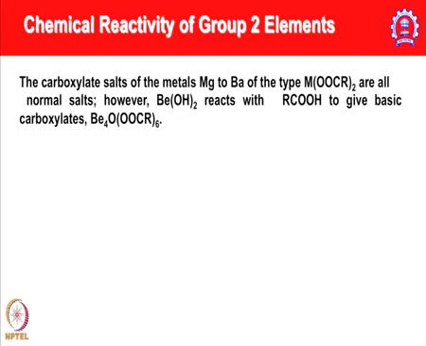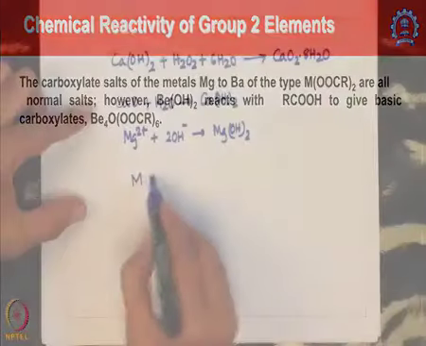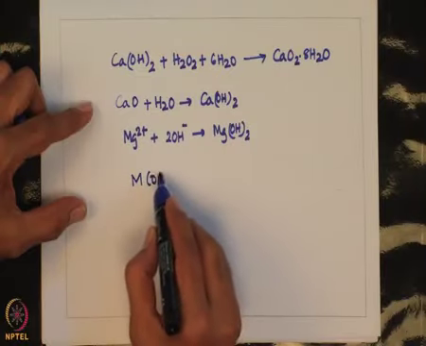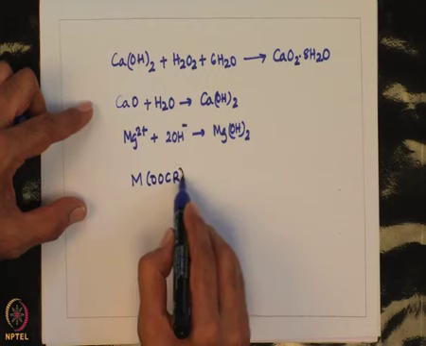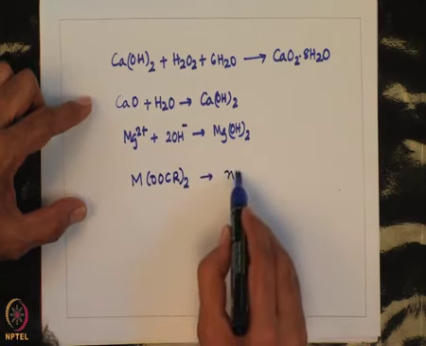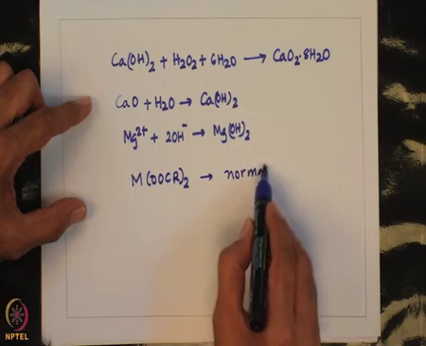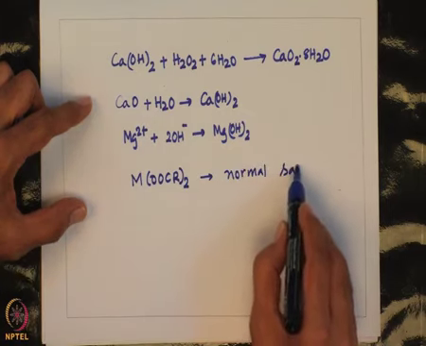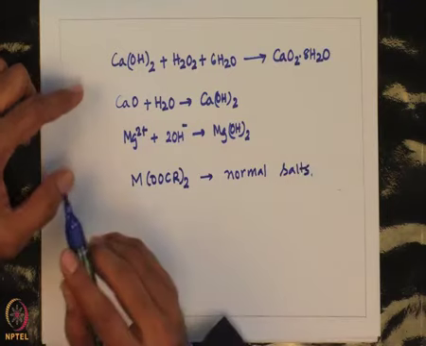And the carboxylate salts of the metals magnesium to barium of the type M(O2CR)2 are all normal salts, okay.